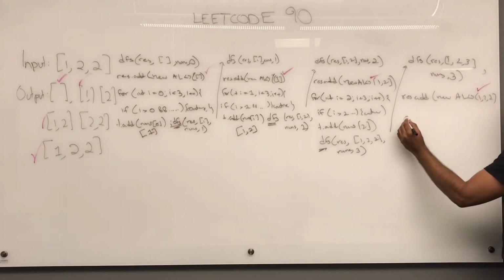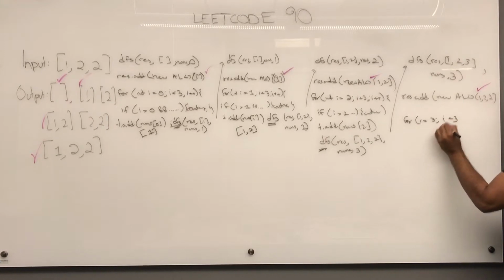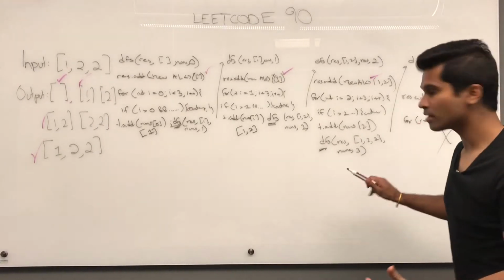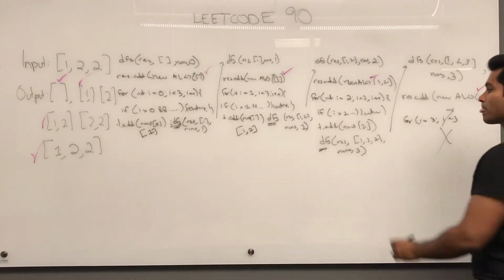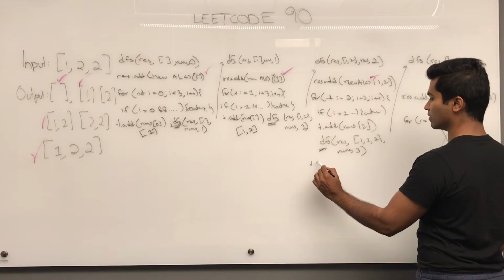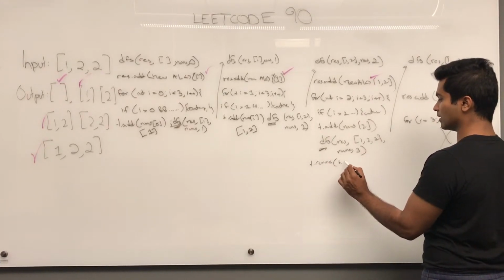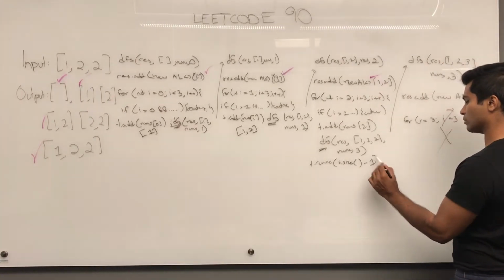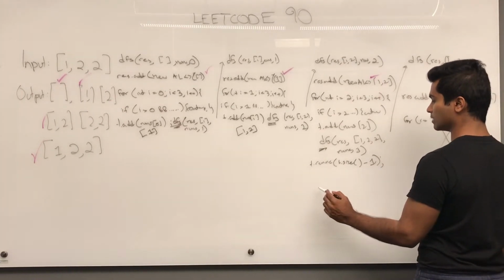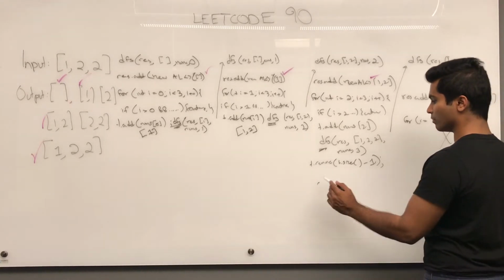And now because for int I is equal to 3, I is less than 3, this won't happen, so this recursive stack is done. Then we come here. Now we also have to t.remove the last thing, so t.size minus 1. Then what this becomes is 1 2 2 is the temporary array.